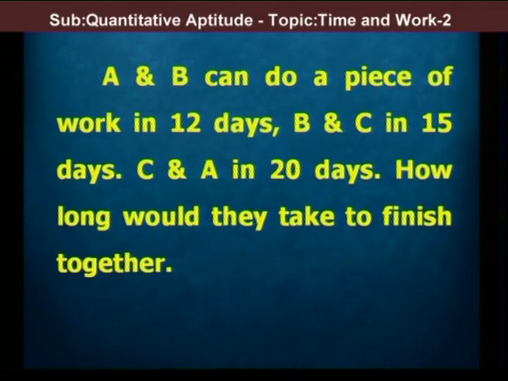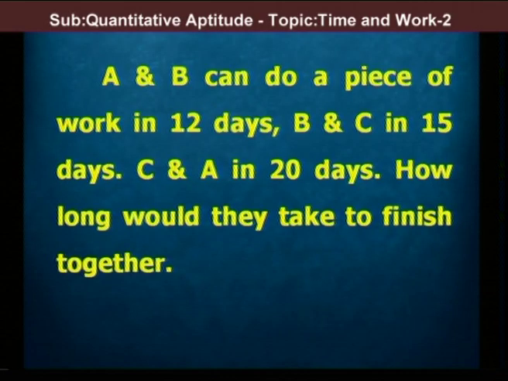In the before model, A alone can complete the work, B alone can complete the work, C alone can complete the work, and A, B, C together complete the work in how many days? That is, in every case we have only one person. But in this case, in the first case we have A and B both persons, in the second case B and C both persons, in the third case C and A both persons.